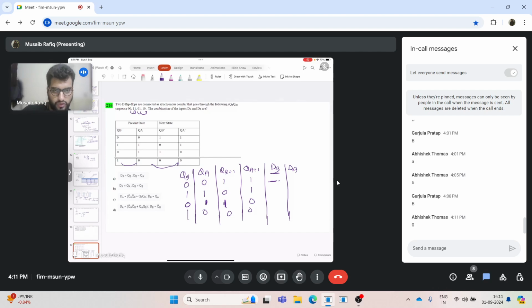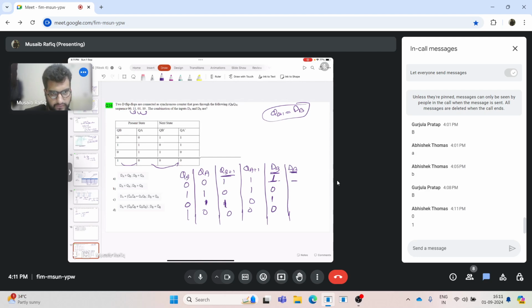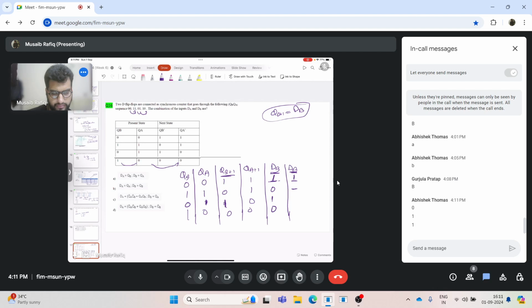No, it should not be 0. It will be 1. QB plus 1 equal to DB. Right, so this will be 1, 0, 1, 0. And what is DA equal to? What will DA be equal to here? 1. And here?